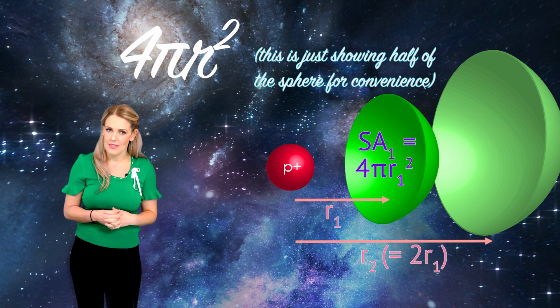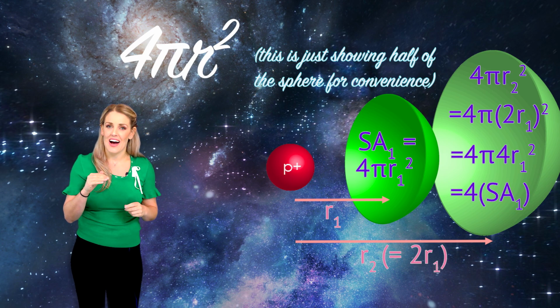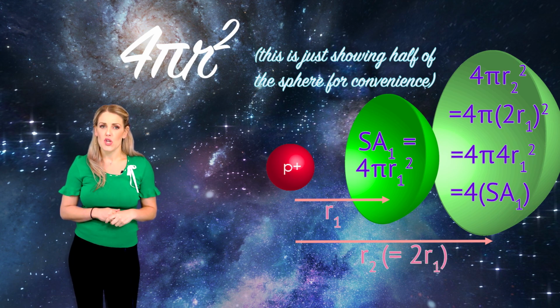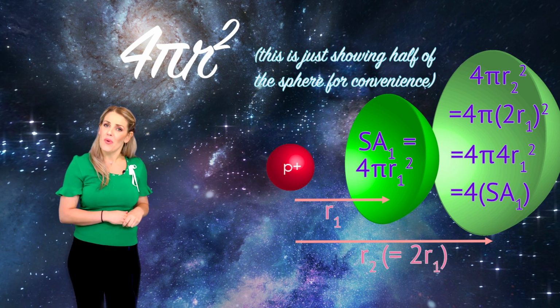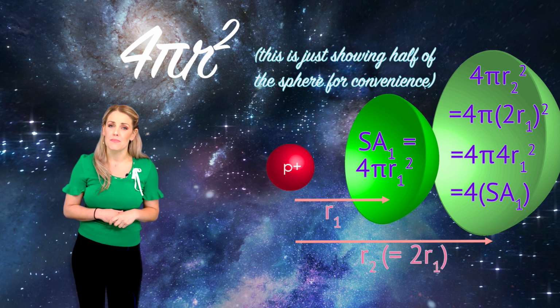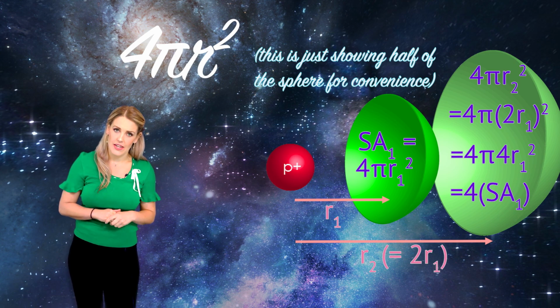Now have a look at the maths. This comes out as 4 pi R2 squared. Remember how R2 equals 2 times R1? So compared to the point at R1, the goo is stretched over 4 times the space. The field gets weaker. We know this already.